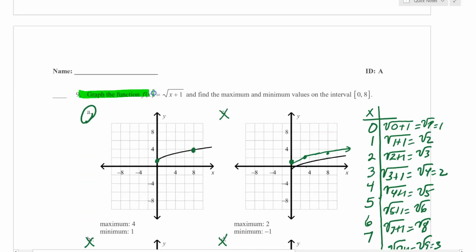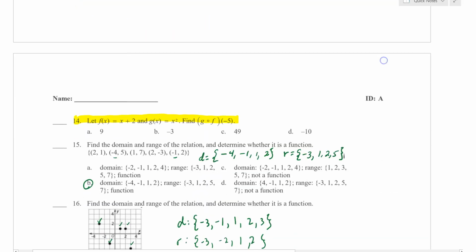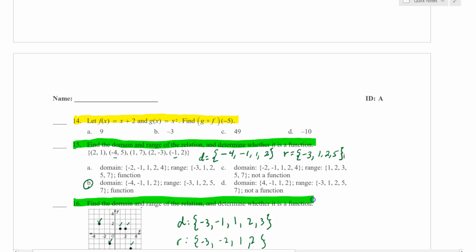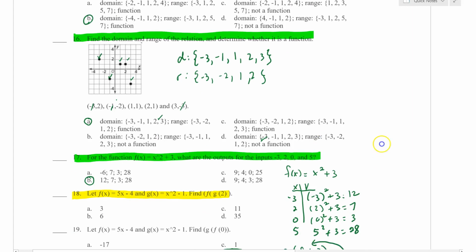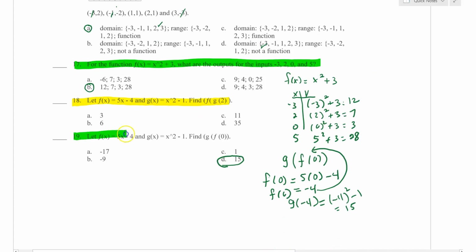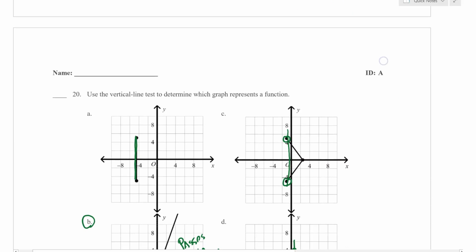I did 9. I did 11. 13. 15. 16. 17. 19. And 20.